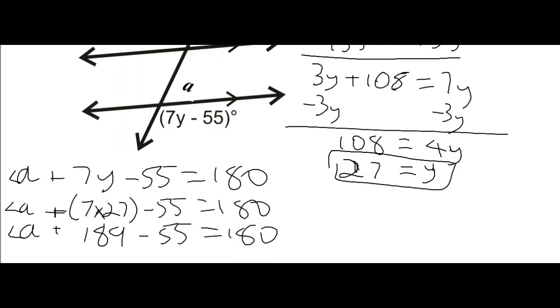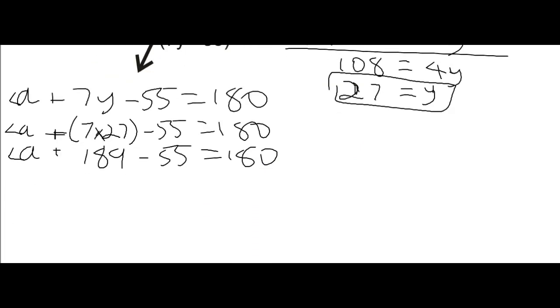So angle A plus 189 minus 55, which should be 134, equals 180.